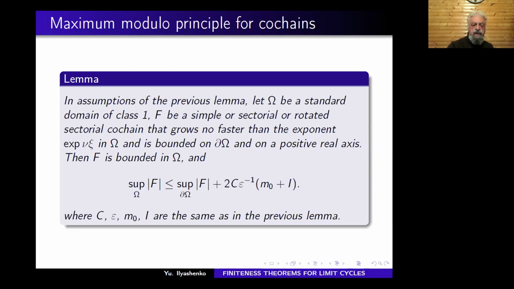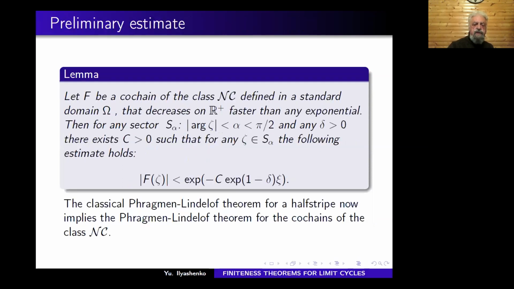And this gives us no chance to complete the proof for cochains in the same way as we completed it for the functions, but the same trick may give a weaker statement.